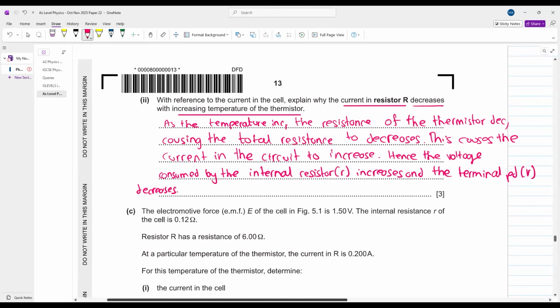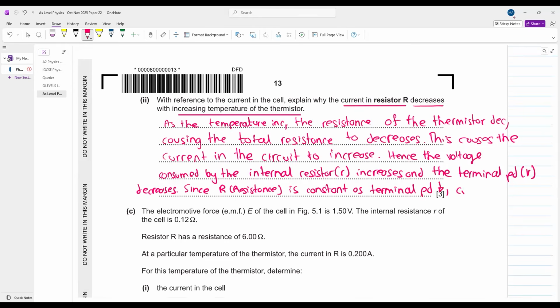Last and final statement. Terminal potential difference decreases, so what will you say as the last and final statement? Since capital R, or resistance, is constant, as terminal potential difference decreases, current in R decreases.